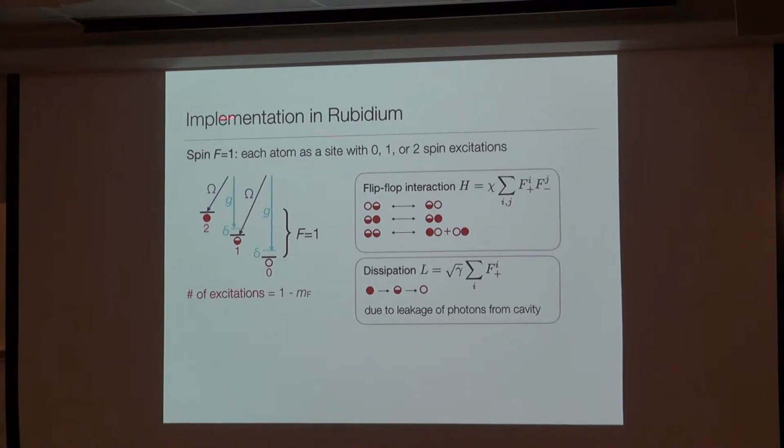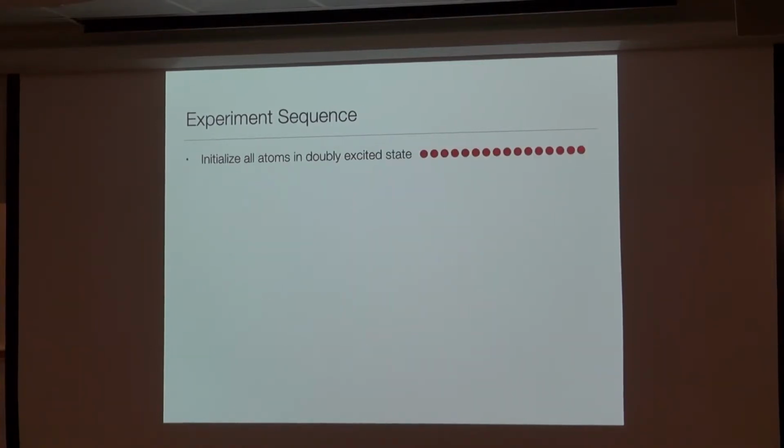So we'd like to see whether we can observe these processes. An important note to keep in mind is how the interaction scales compared to the dissipation. As long as one detunes far from cavity resonance, this interaction to dissipation ratio can be large, scaling with that detuning. To start to see whether this works, the experiment we can do is initialize all atoms in the doubly excited state, a particular Zeeman level.